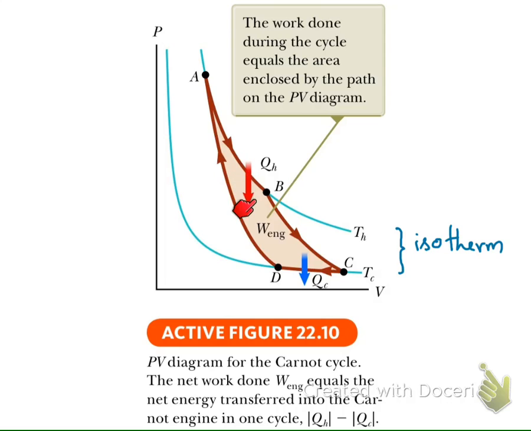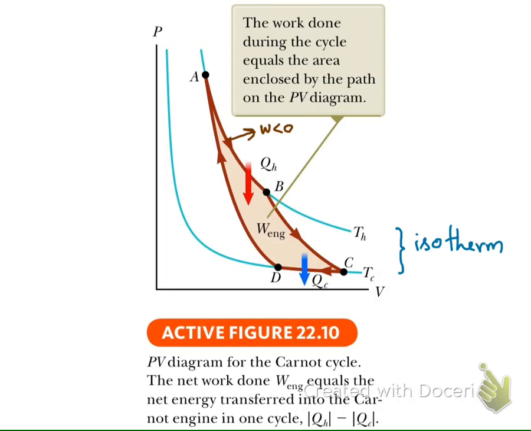The heat enters the system, because we know that in this part of the process, W is negative, because the system does work on the environment.